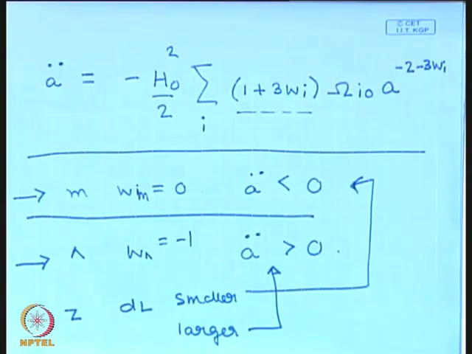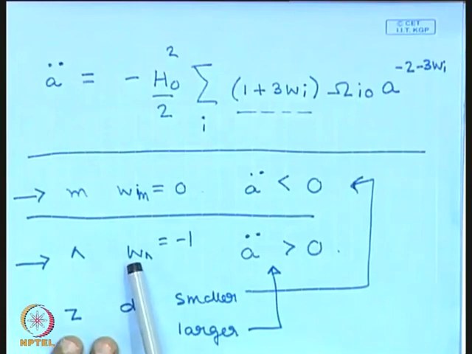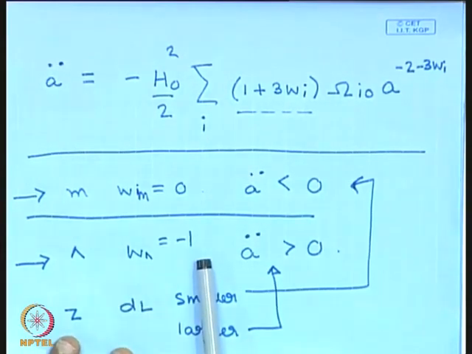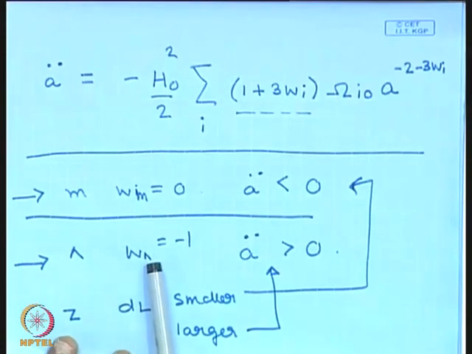These are the simplest models that you can have which have negative pressure. You could have models where the equation of state itself changes with redshift. For a cosmological constant, this will remain constant, but if you have, for example, scalar fields, quintessence, then this W parameter itself becomes a function of redshift.